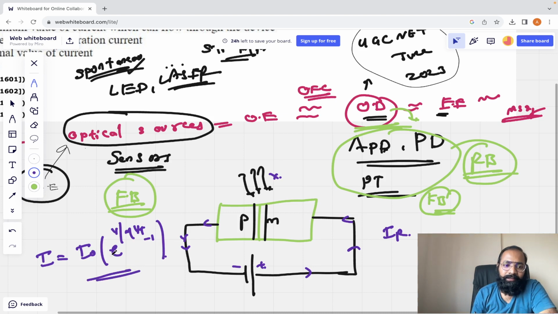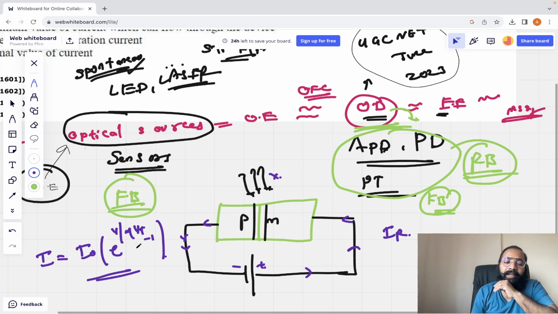Here I naught is the reverse saturation current, V is the voltage drop across the junction, eta is the intrinsic factor, equal to 1 or 2 depending upon silicon or germanium, and Vt is the thermal voltage. Later in the basic electronics series, I will discuss these in individual videos.